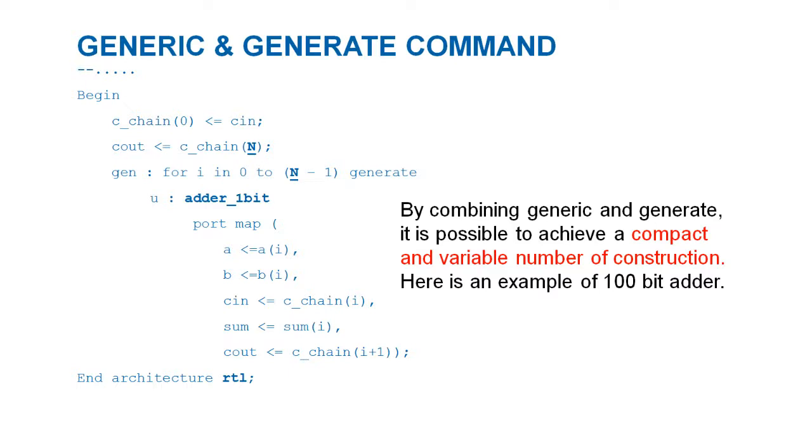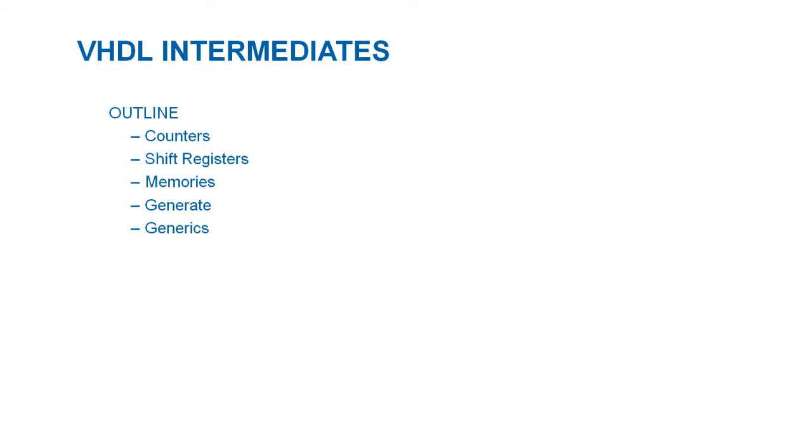So now we have seen the relationship between counters, shift registers, memories, and how to implement them using generics and generates. These are the intermediate things that we like to use on a daily basis as much as possible in order to make your work and the future use of your project very useful and efficient.